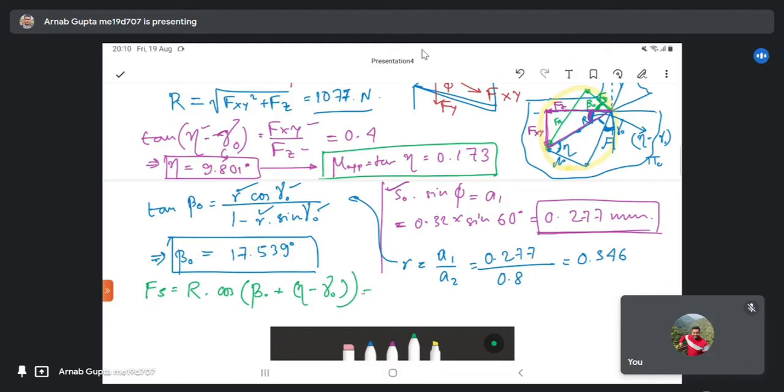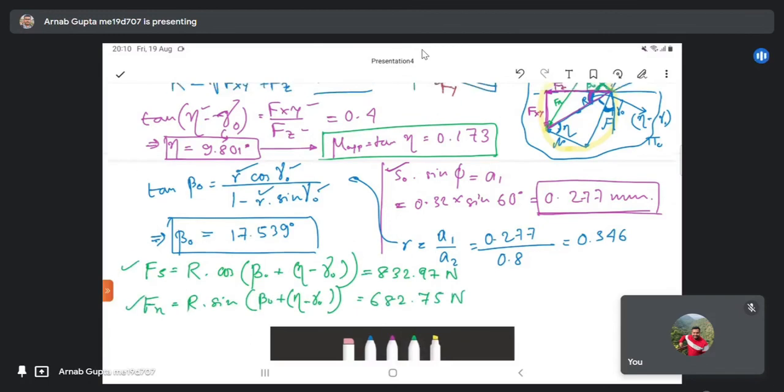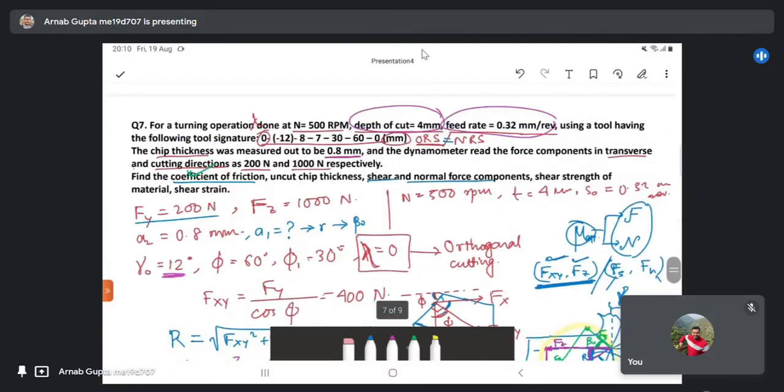This will give me around 832.97 Newton. Similarly, for Fn, the force normal to the shearing area, the sine component will give me 682.75 Newton.